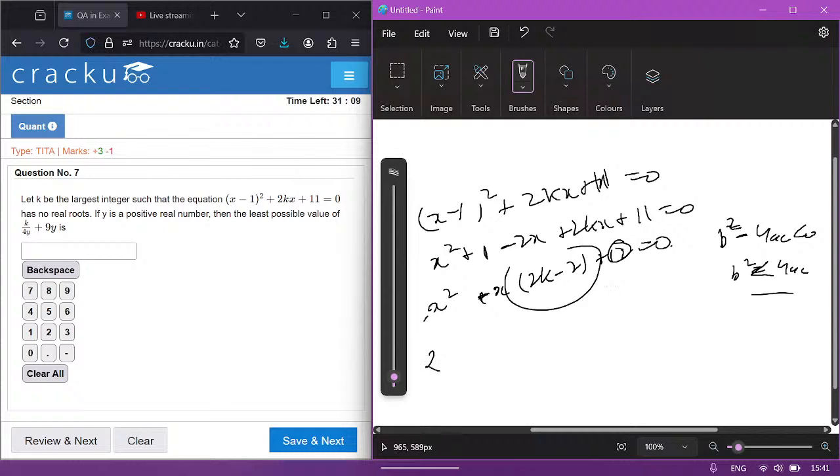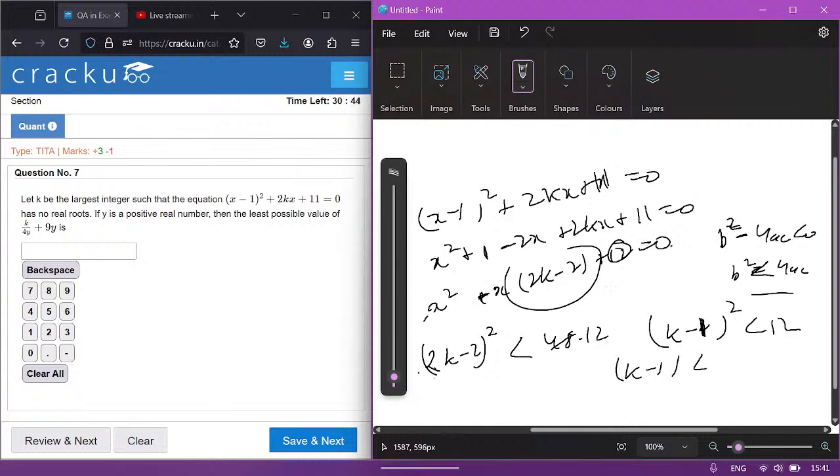So 2k minus 2 whole square is less than 4ac. 4ac is 48. If we take 2 common and bring it outside, because of the square it will become 4. So we will have k minus 1 whole square is less than 12.